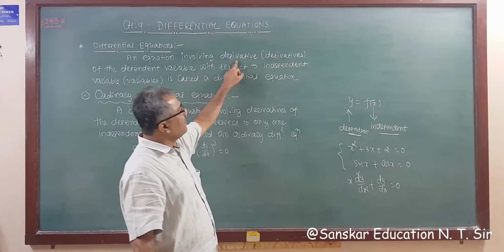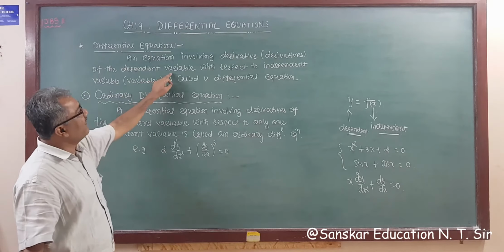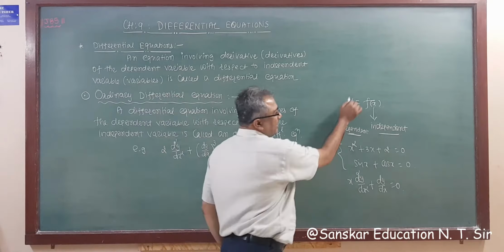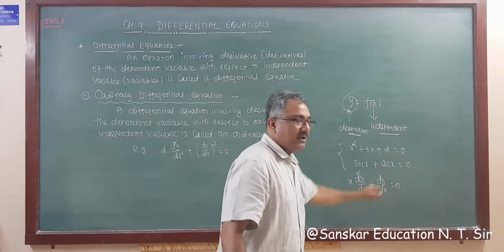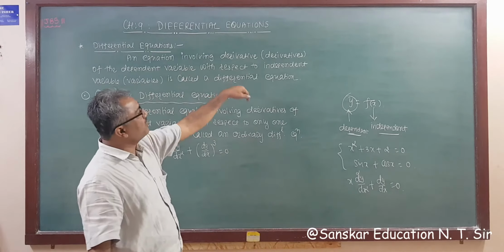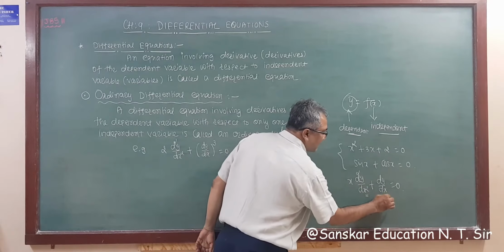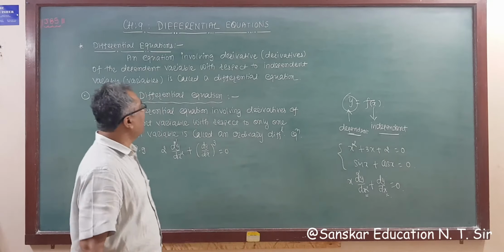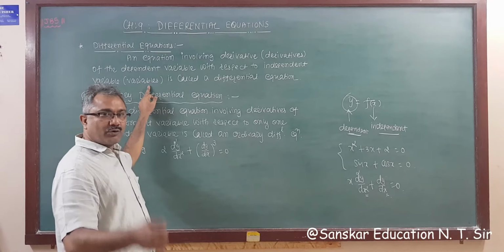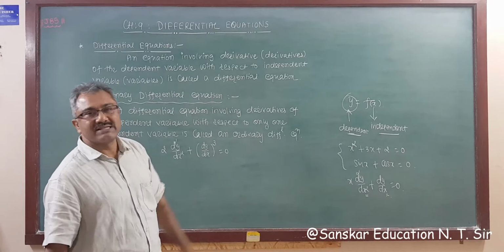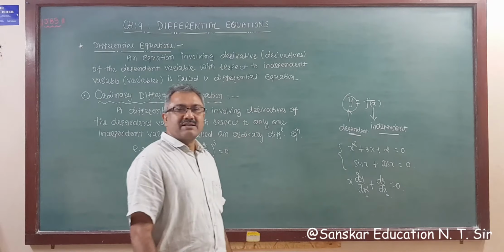So derivative or derivatives of the dependent variable, which is y, with respect to the independent variable, which is x, or variables, there may be more variables, is called a differential equation.